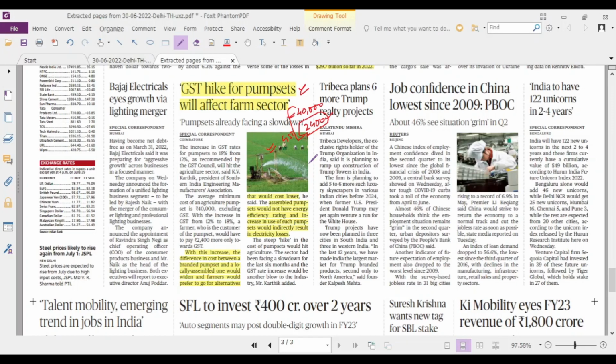It would reduce the groundwater. It increases the salinity of the soil. It would again lead to higher carbon emissions because of increased electricity. So you can see how a small change like a GST tax is having so many implications on the economy, on the farming sector, on the environment, on the energy efficiency, and on the state's finances and policies.